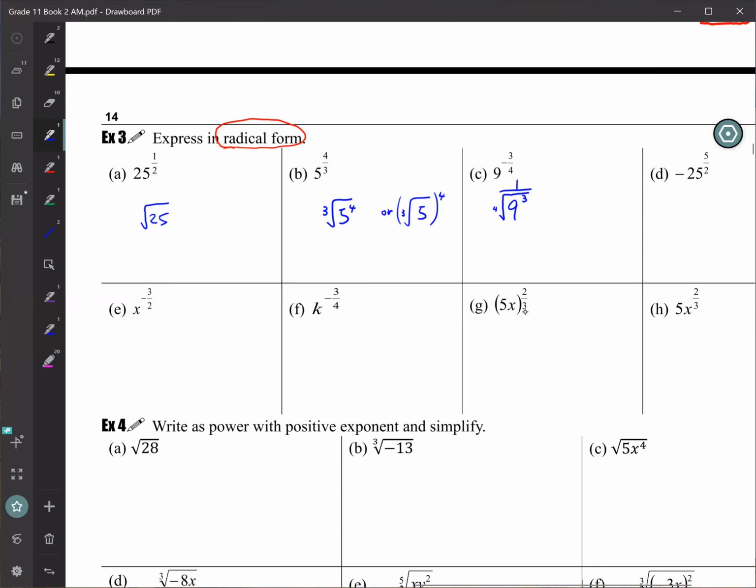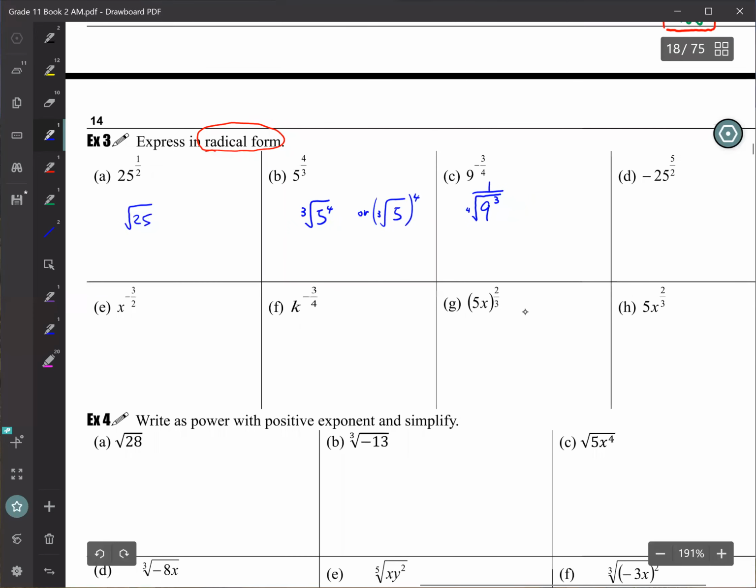Okay, Eric, question D, do you have it? I have negative 25 to the second root and then to the power of 5. Is the negative inside the root or outside the root? It's outside, so negative, bracket, square root of 25, bracket, exponent of 5. Yeah, okay. So for this one, having a bracket or not doesn't matter.